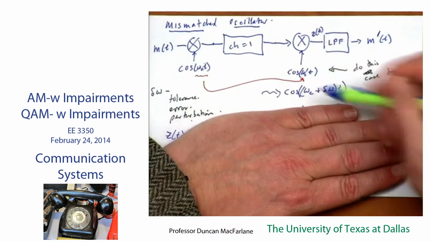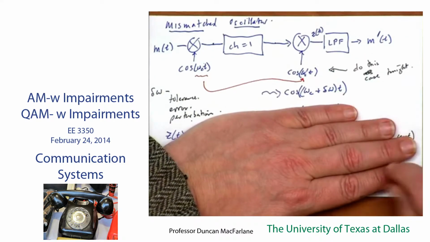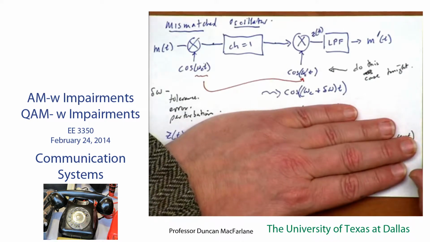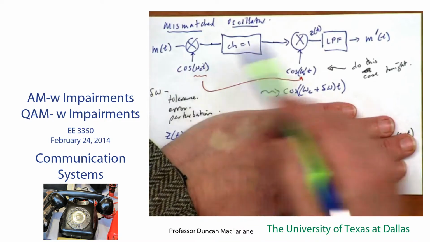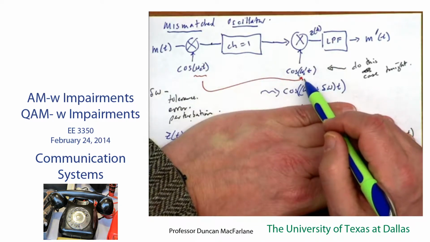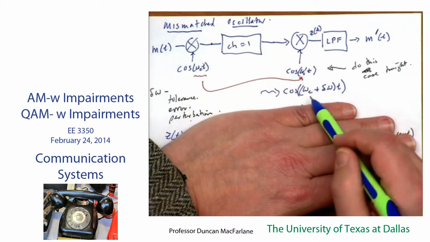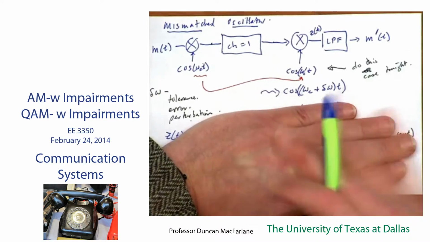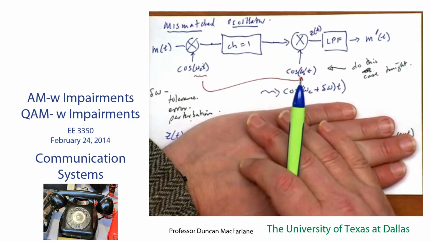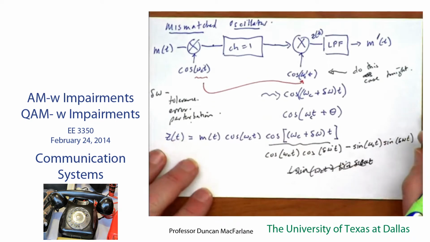But if I set omega C prime equal to omega C plus del omega, it's the same thing. Whether or not you're talking about, if this is 101 kilohertz, then is this 101 kilohertz and 1 hertz, or is this 101 kilohertz plus 1 hertz? So it's just your preference.